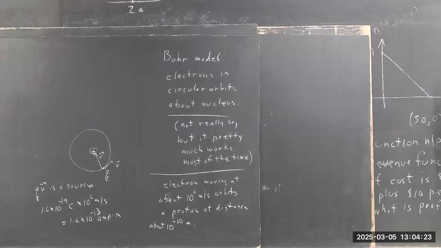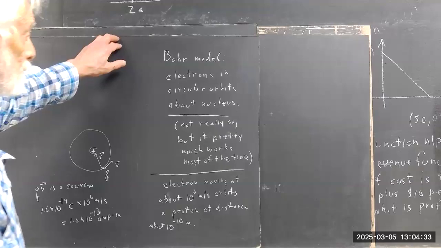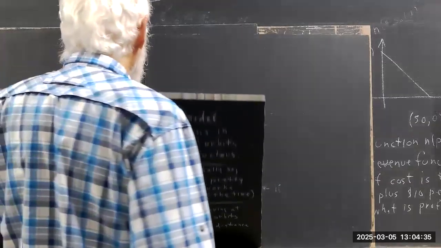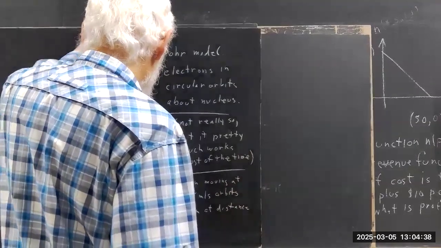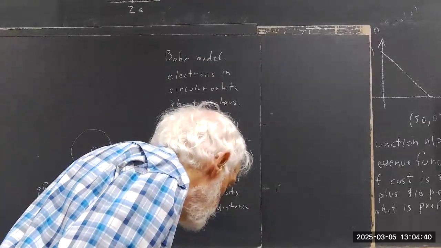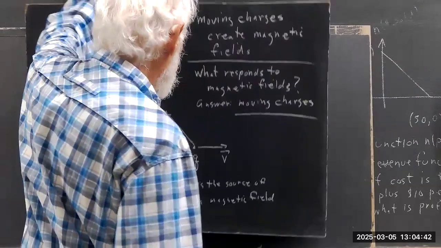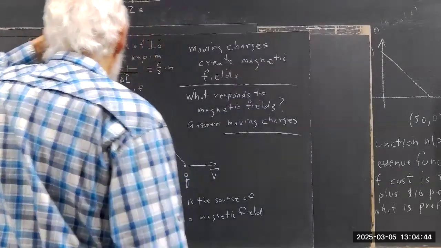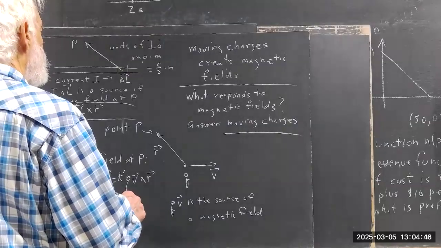And multiply that by your K prime. Oh, wait a minute. You know, I really messed up. And so hung up on QV cross R.